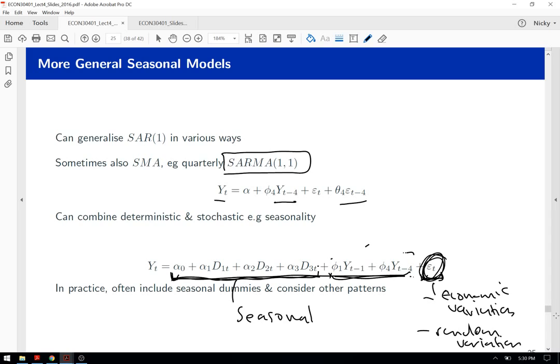Then you would use this as your seasonally adjusted data. So if you believe seasonality took this form, you'd run this regression and estimate this. You would then take epsilon_t as your variable. Let's say this was retail sales, and this may be given to you in a seasonally adjusted form wherever you find data online.